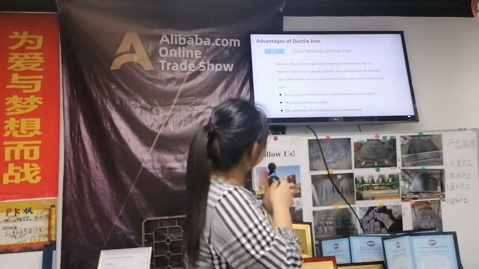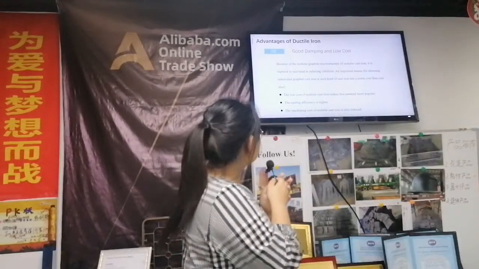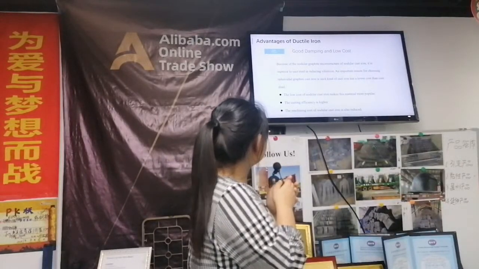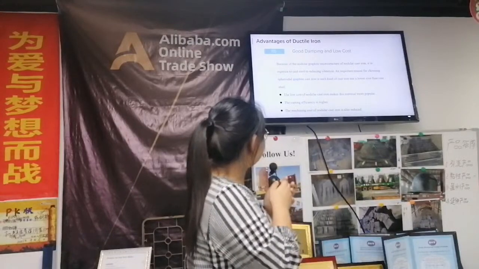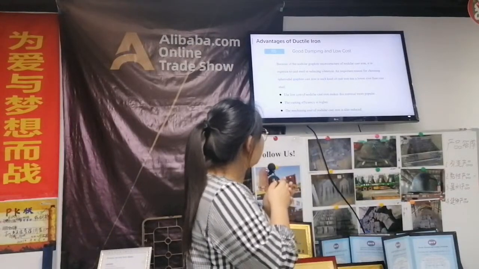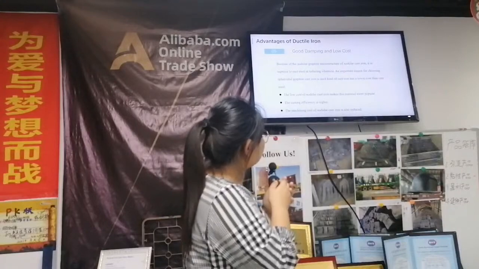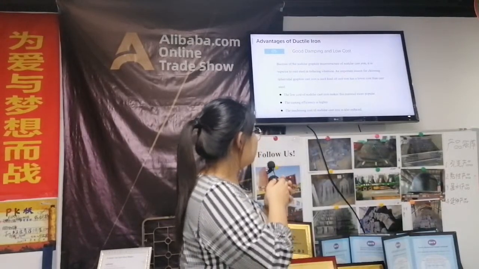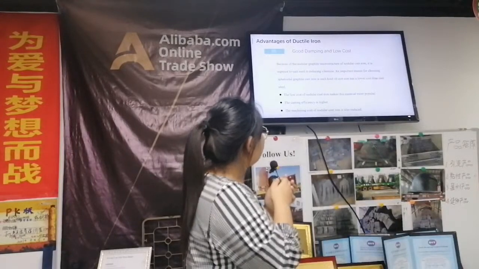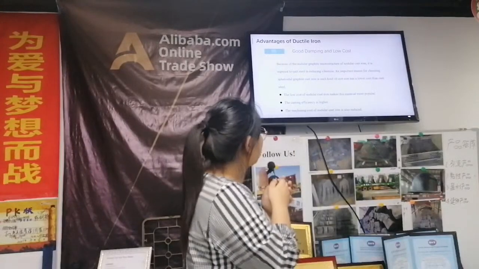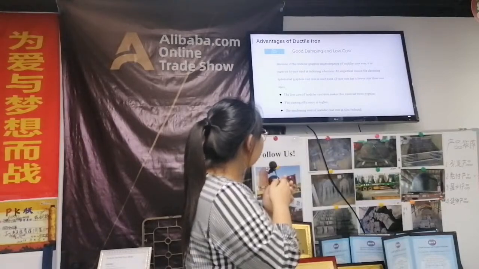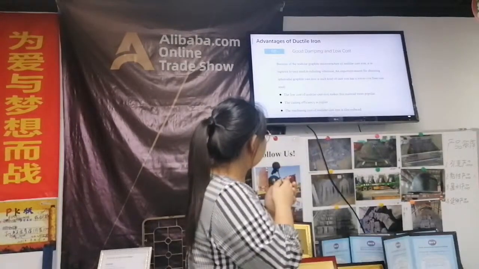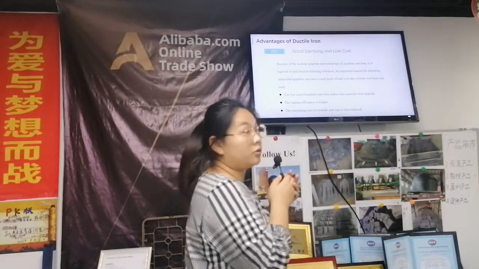An important reason for choosing spheroidal graphite cast iron is that this kind of cast iron has a lower cost than cast steel. The low cost of nodular cast iron makes this material more popular. The casting efficiency is higher. The machining cost of nodular cast iron is also reduced.